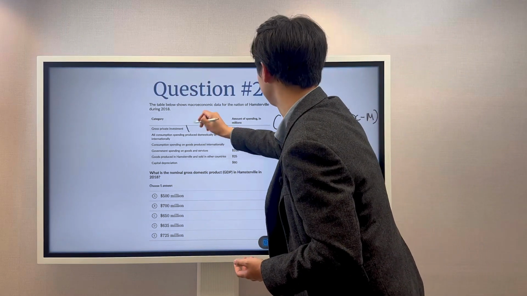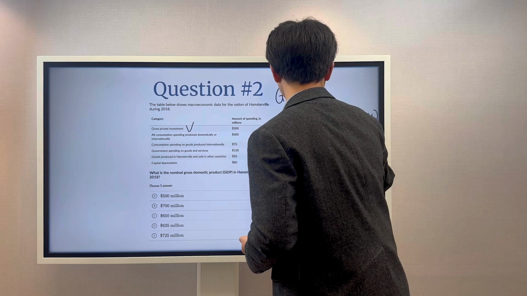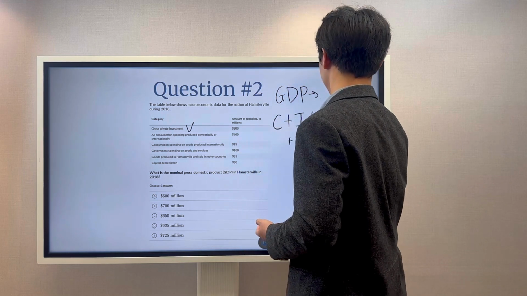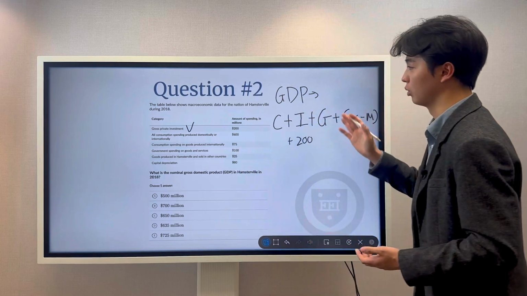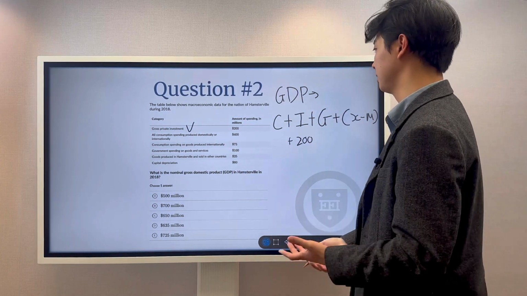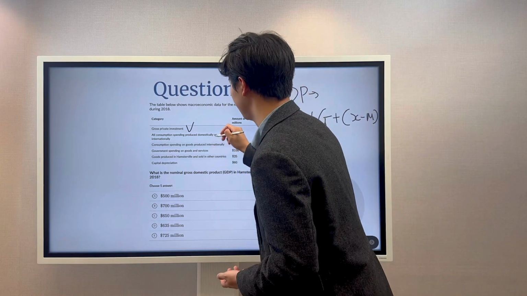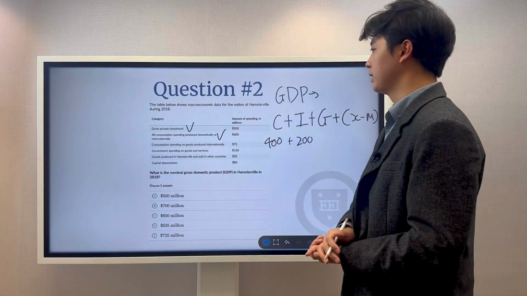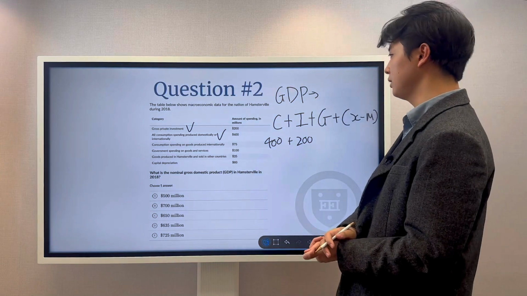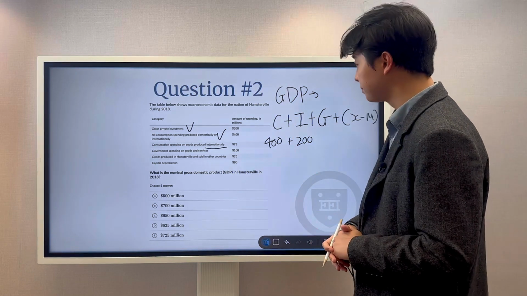Gross private investment would go here. All consumption spending produced domestically or internationally, that's 400, over here.